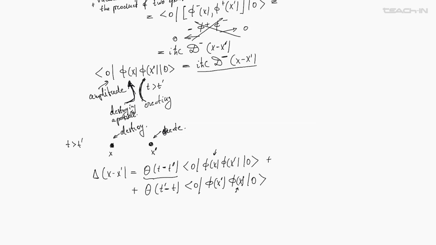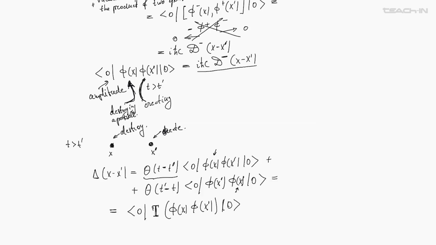If you think about it, what is written down here, you can encode these two terms into one formula. Namely, you can write this as the vacuum expectation value of what is called the t-ordered product of fields, T phi of x, phi of x prime, where this operation of t-ordering explicitly means exactly what I have written down here.